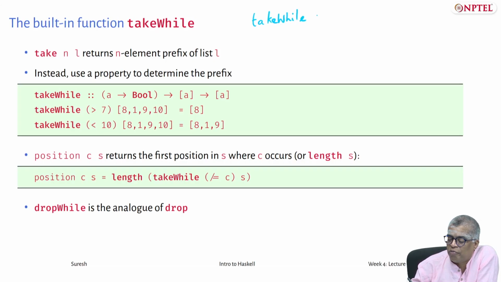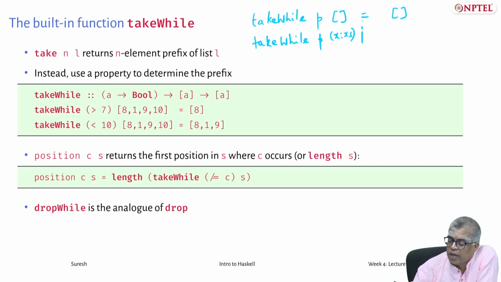Take while of P of empty list is empty list. P of x colon xs, in case P x holds, then this is x followed by take while P xs. Otherwise, this is the important case. Otherwise, it is just empty list.